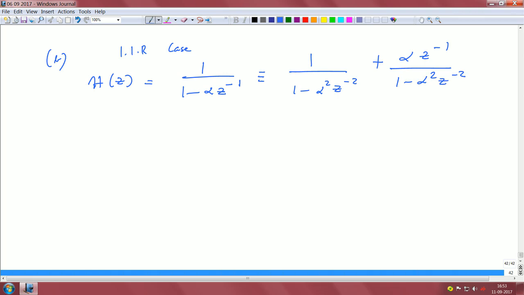This is saying that this is a plus b divided by a square minus b square, nothing more, right. It is very simple to see this structure.